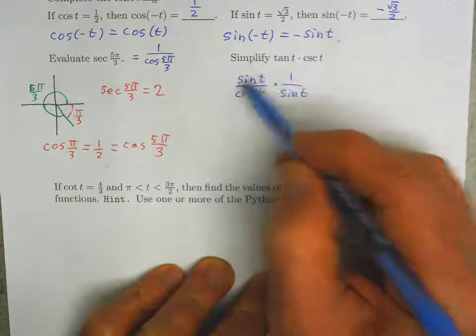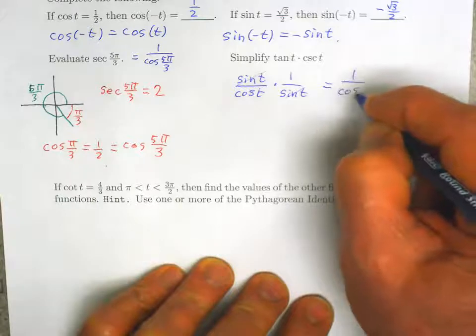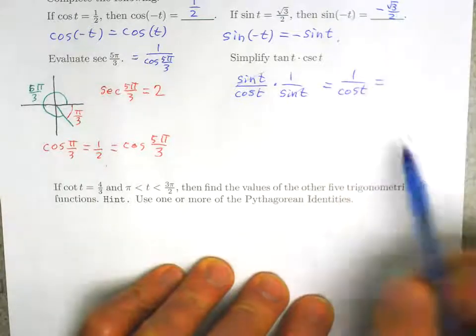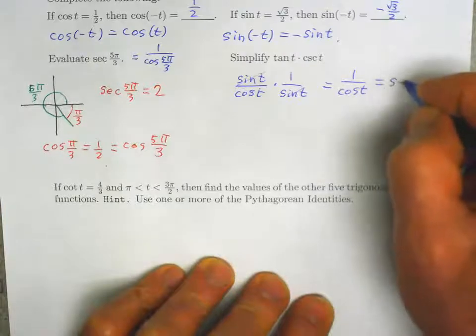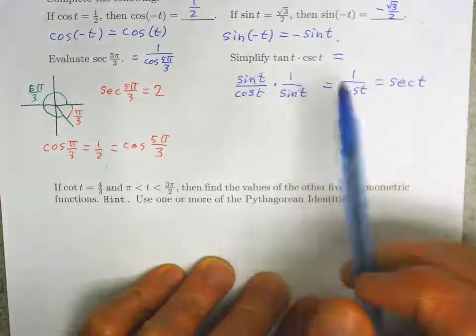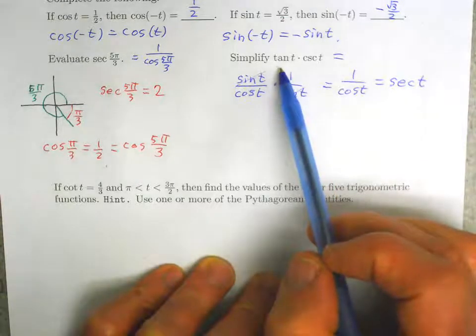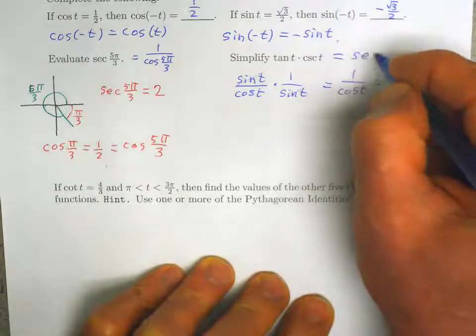The sine of t's cancel, so we have 1 over cosine of t. But we'll rewrite this as secant of t. So the simplest way to write tangent of t times cosecant of t is to write it as secant of t.